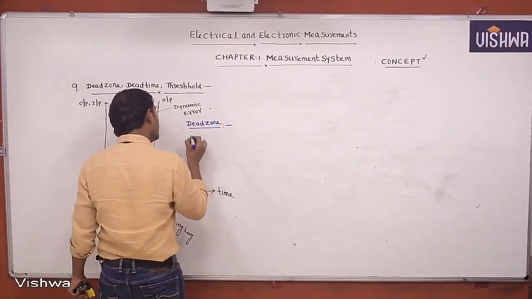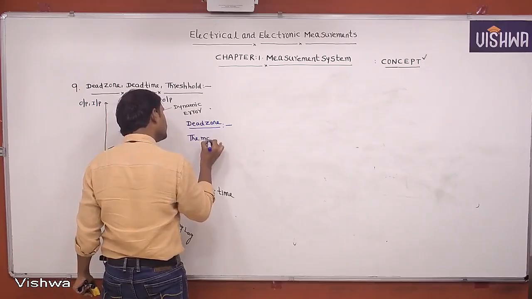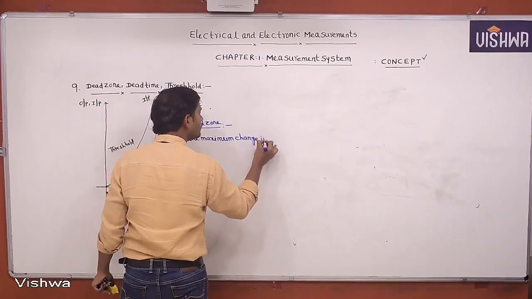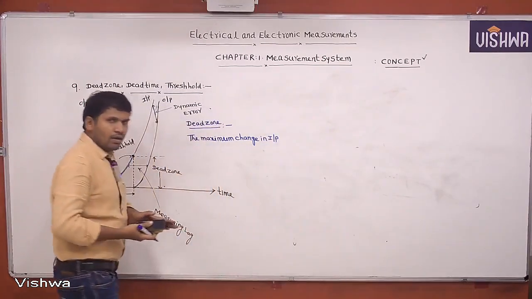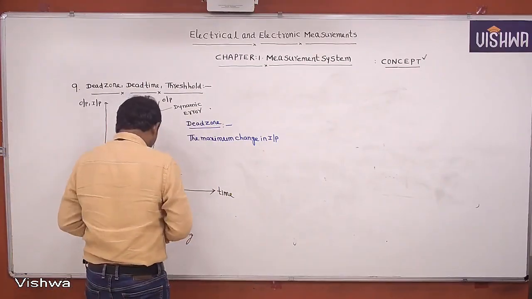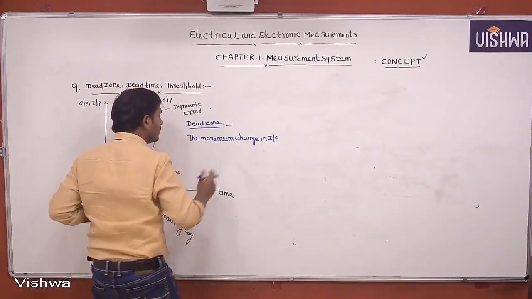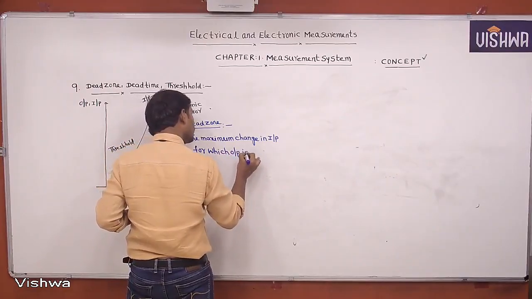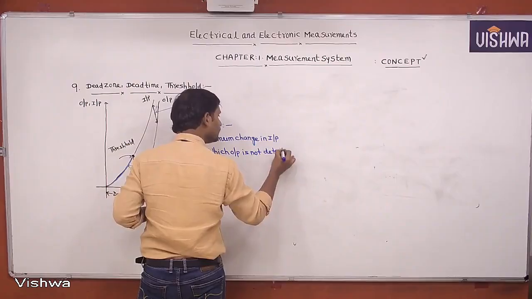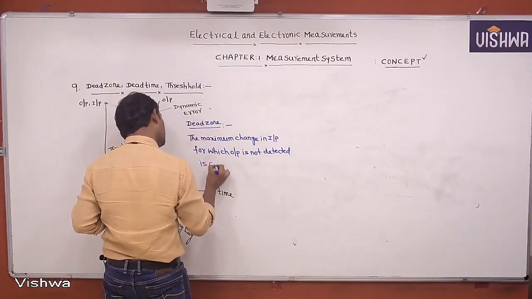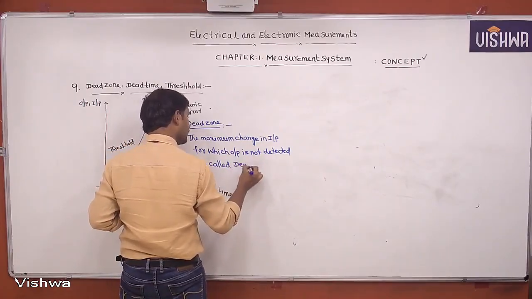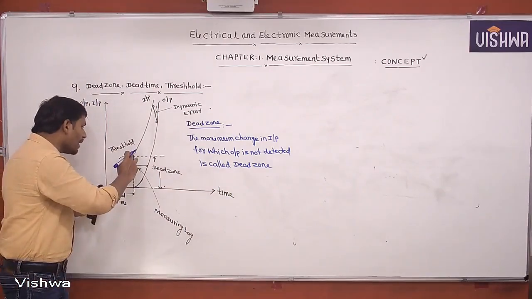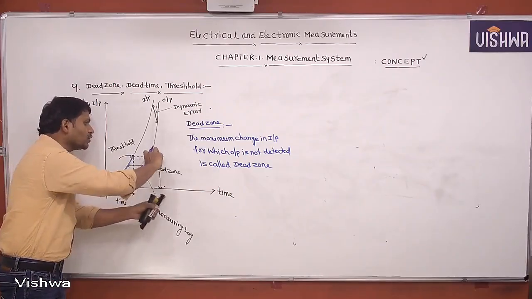That is, note down this, the maximum change in input for which output is not detected is called dead zone.